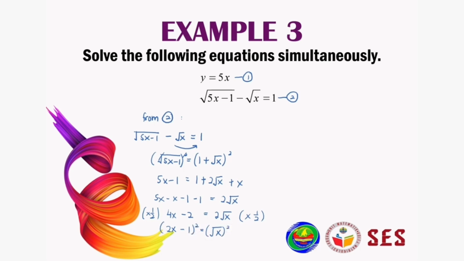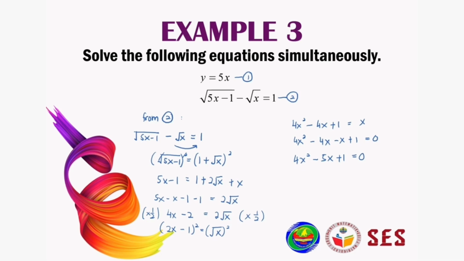So we have on the left hand side 4x squared minus 4x plus 1 and x on the right hand side. Then we simplify this to have 4x squared minus 4x minus x plus 1 equals 0, and we end up having a quadratic equation 4x squared minus 5x plus 1 equals 0.